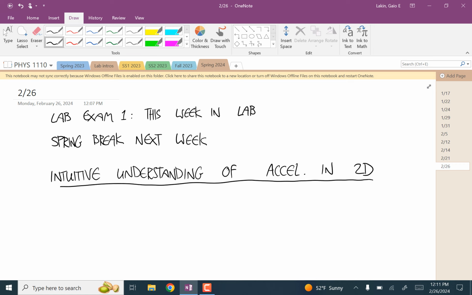Okay, so I've mentioned that there's a fundamental difference between acceleration in 1D and 2D. In 1D, acceleration means the object is changing speed. That's the only thing acceleration can do.